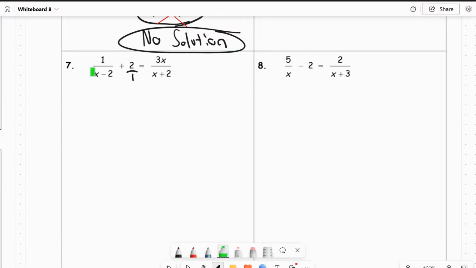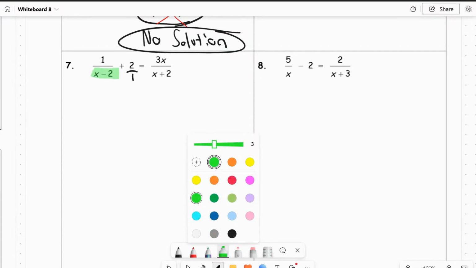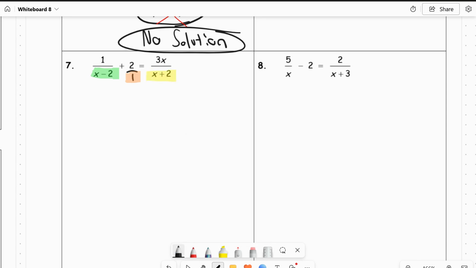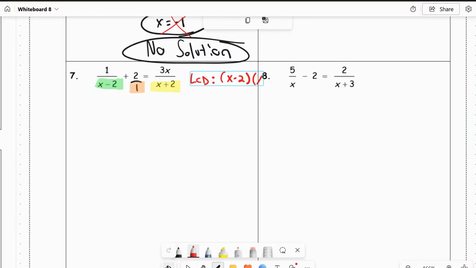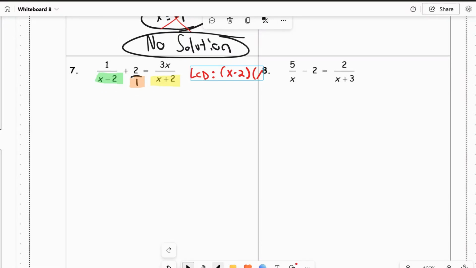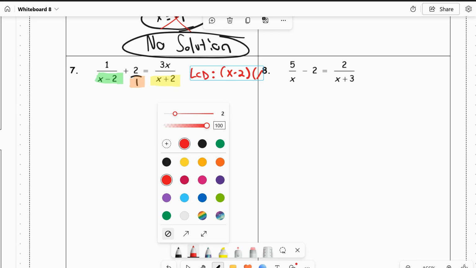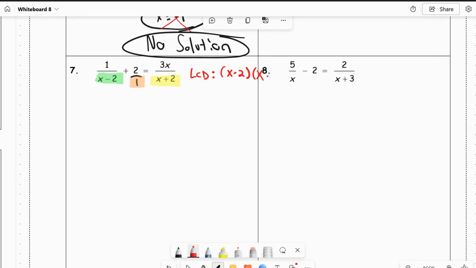So I've got x minus 2 as one of my denominators, 1 as one of my denominators, and 2 as one of my denominators. So that would mean that my LCD would be x minus 2 and x plus 2.